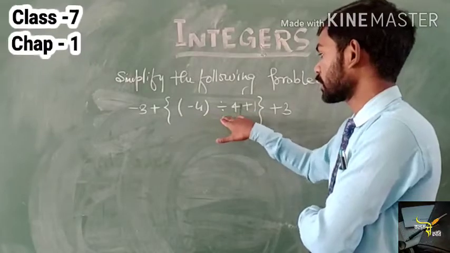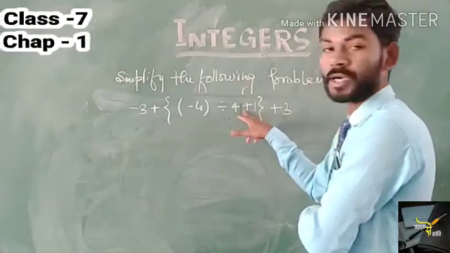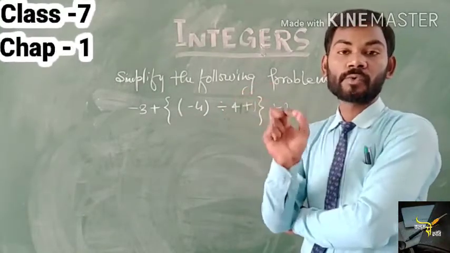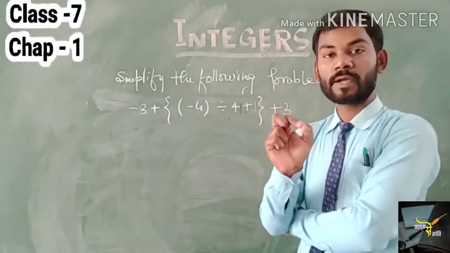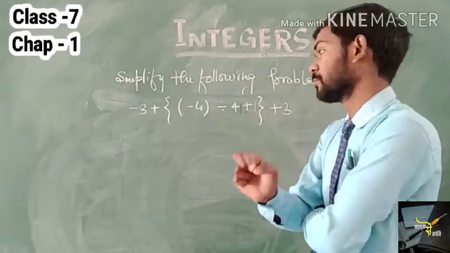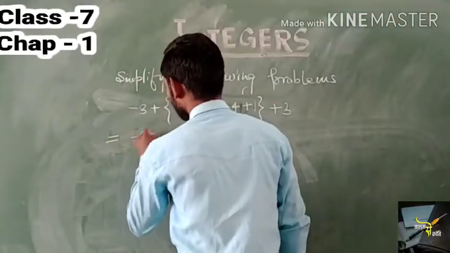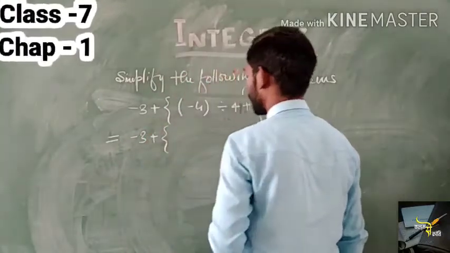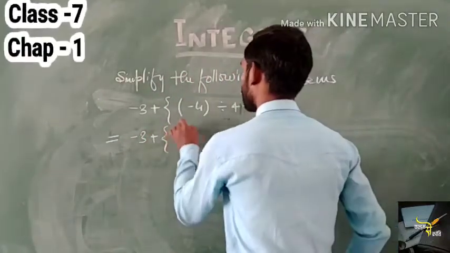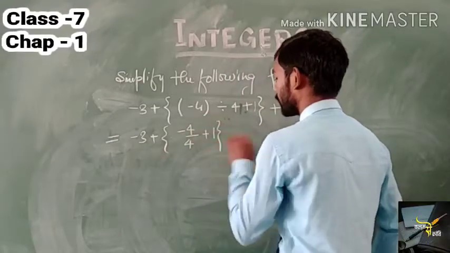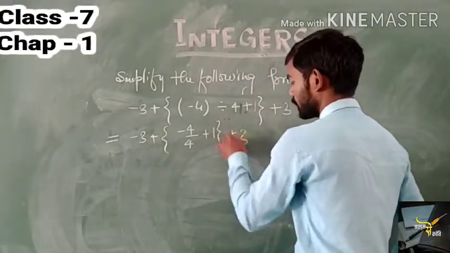Inside the bracket, division and addition are present, so here we shall first divide, then add. So in the first step we get minus 3 plus, inside the bracket we write minus 4 divided by 4 plus 1, and plus 3.